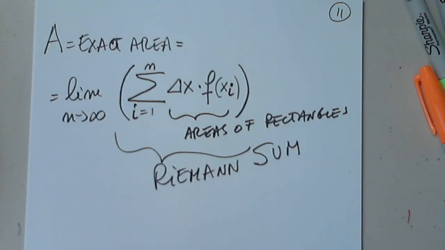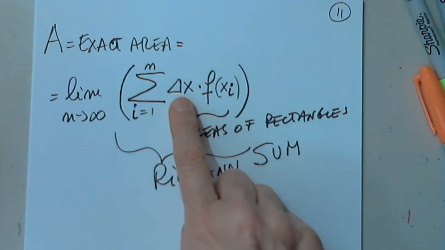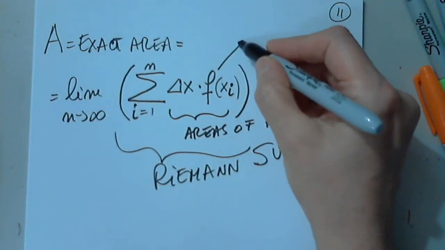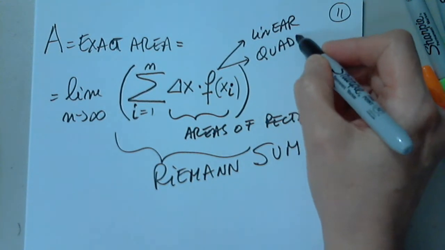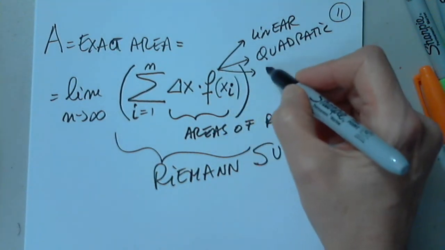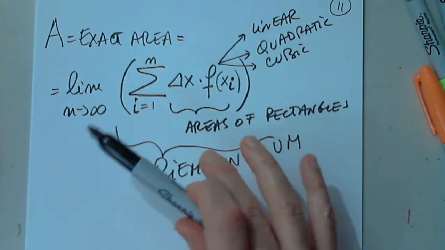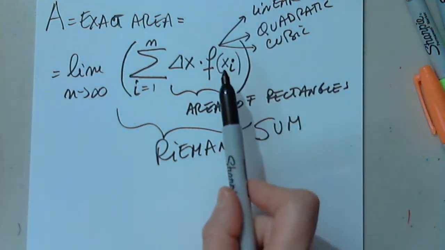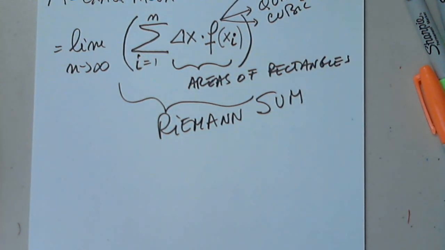So let's choose and illustrate. Let's choose a function. Let's choose an interval, so we can determine delta x. A function which can be, again, linear, quadratic, or cubic. So degree 1, degree 2, or degree 3. There is nothing else we can illustrate with. We have to choose a function like this. We have to choose an interval, and we will be able to determine the exact area.